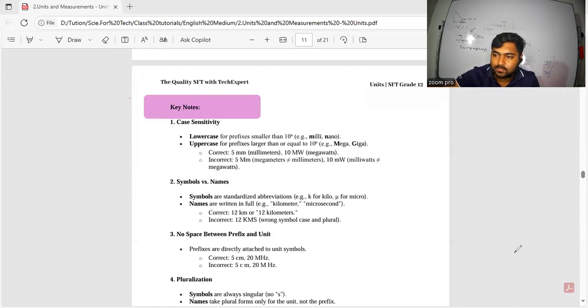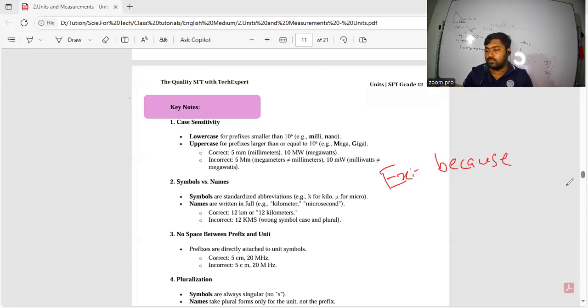Some of the units are capitalized because those units are named with scientist names.